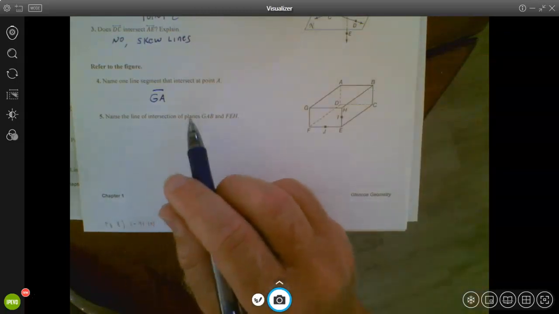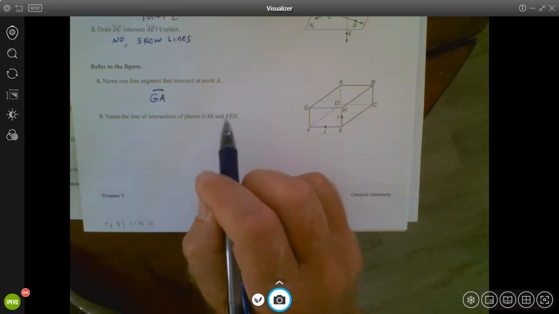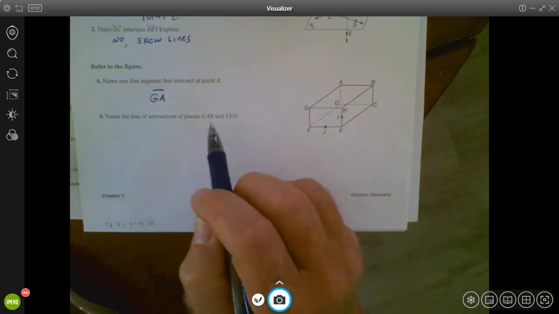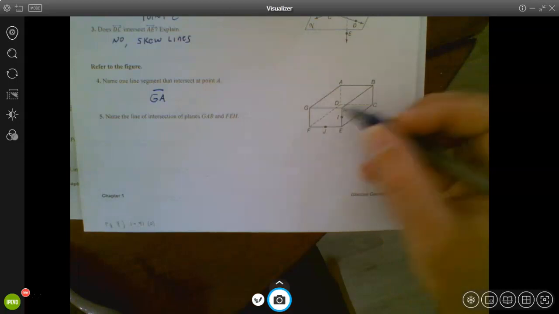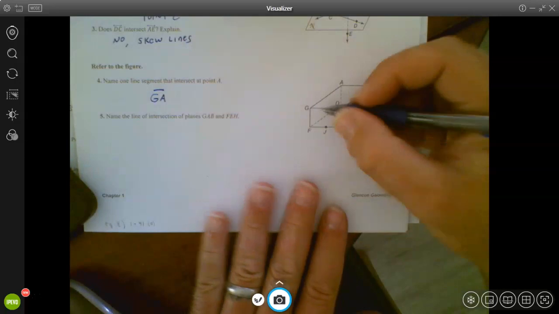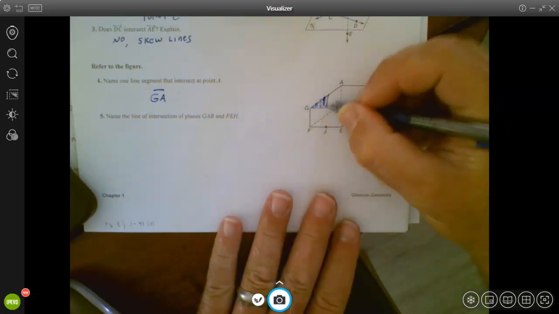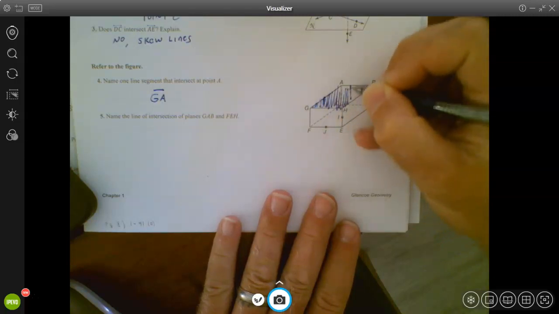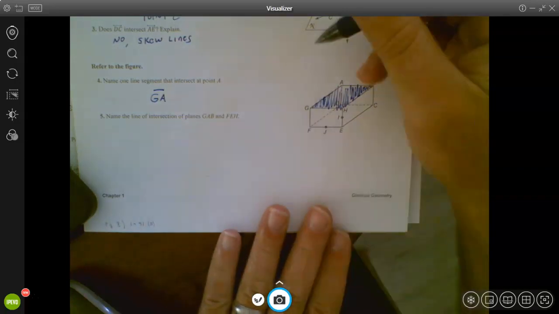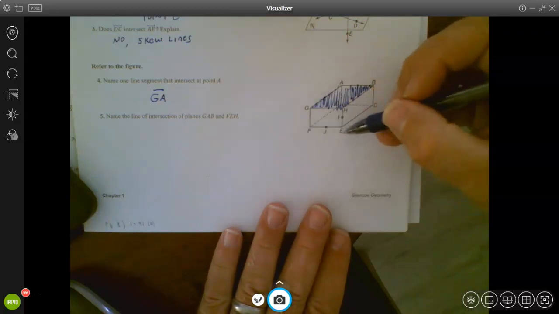Name the line of intersection. So remember we talked about up above, anytime two planes intersect, they intersect at a line. So they want us to name the line of intersection between GAB and FEH. So let's see, here's GAB. So you can see that's kind of like the top of the box. I'm going to see if I can kind of shade that for you. So there's the top plane, GAB. It intersects FEH, which is down here at the bottom. Here's FEH.